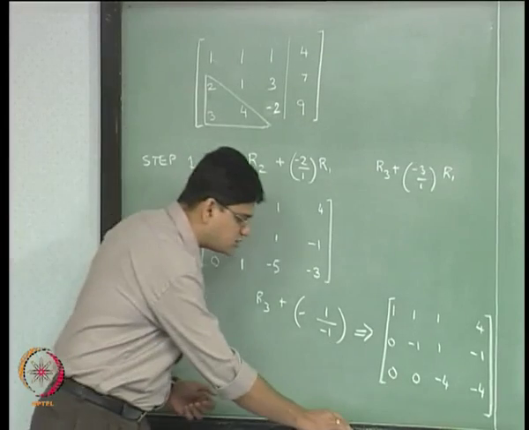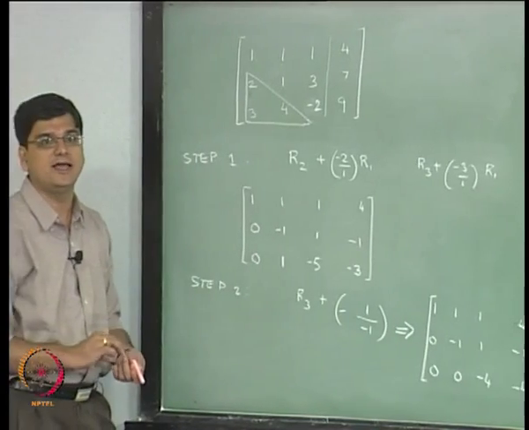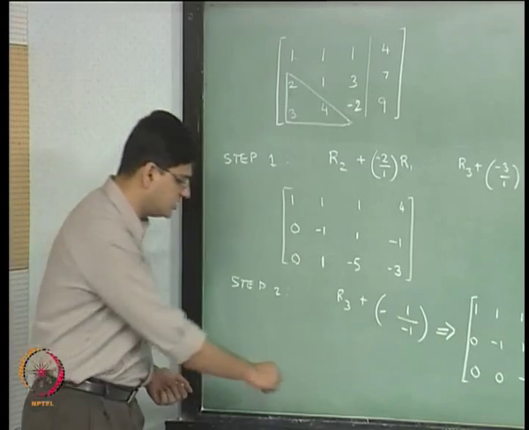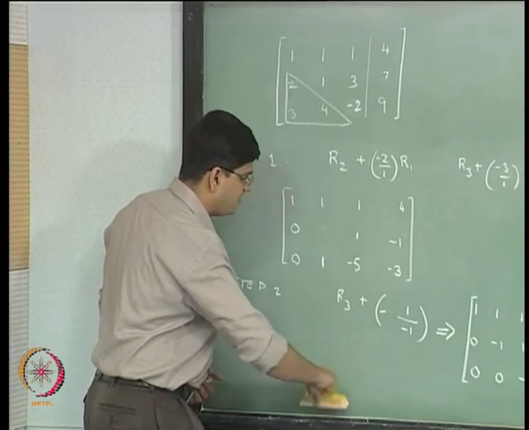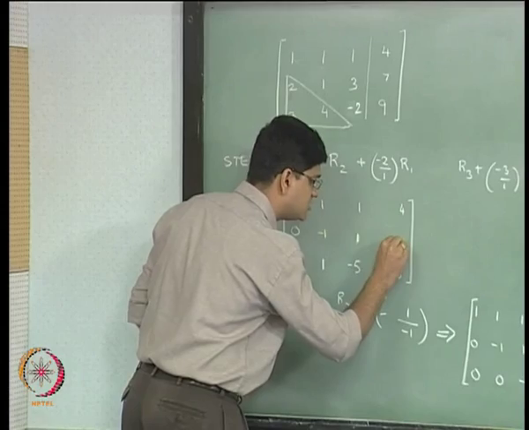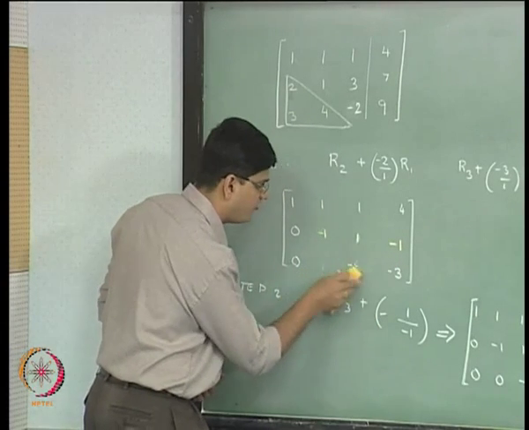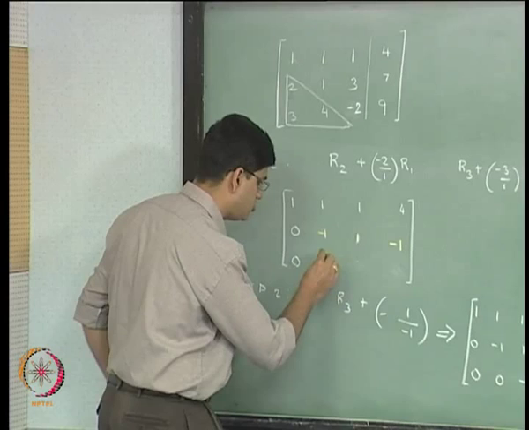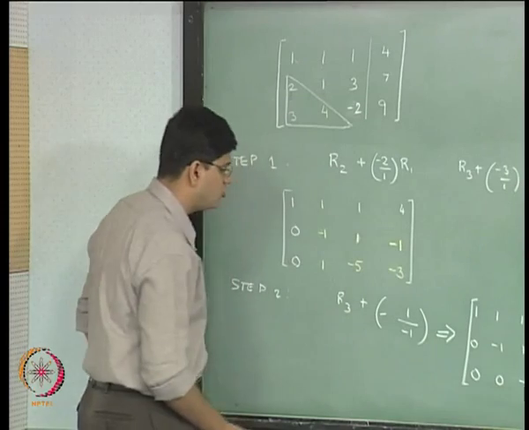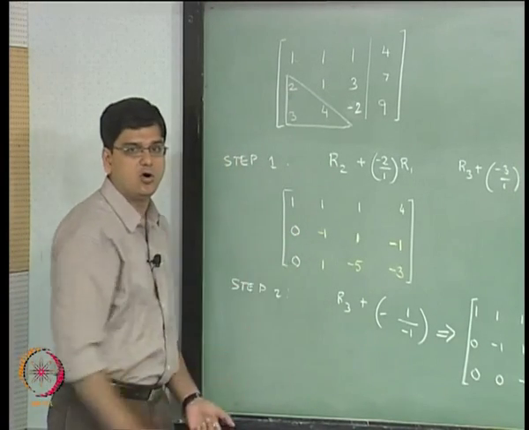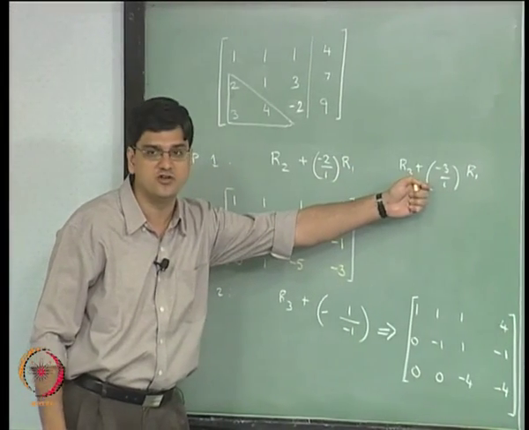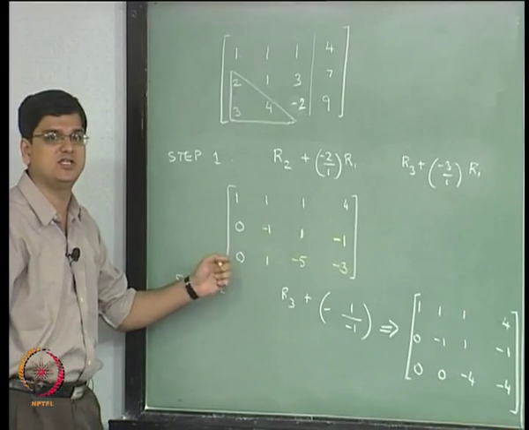In each of the steps, all the elements which we have changed through the row operations, I will put them in different colors. We have changed this with row operations, this, this, and 1, minus 5, minus 3 we have changed with row operations. This 0 and 0, although we have done the row operations, that row operation was really the computation of this coefficient, we have not done explicit addition over here.